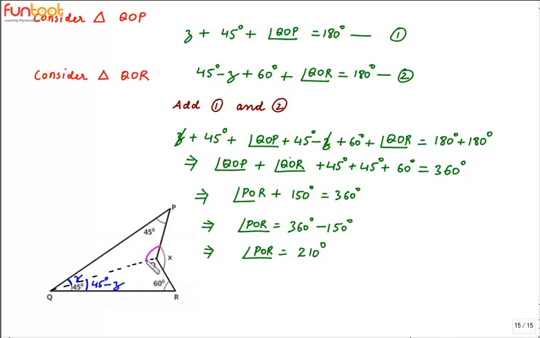So this angle we have found out, this is 210 degrees. So very easily from here we can find the value of x. So this implies x will be equal to, this complete angle is 360 degrees. So from 360 degrees we will subtract 210 degrees. This implies x is equal to 150 degrees. So that is what we had to find in this question, the value of x, and that is 150 degrees.